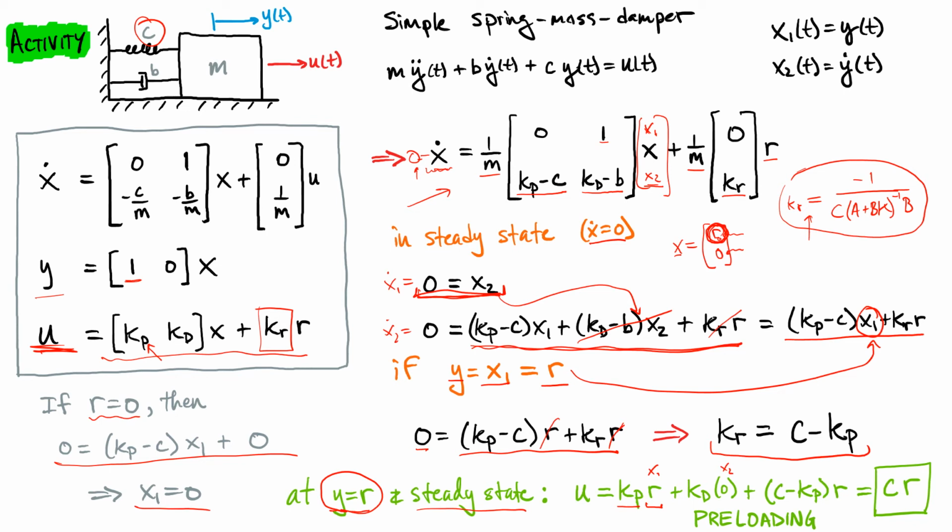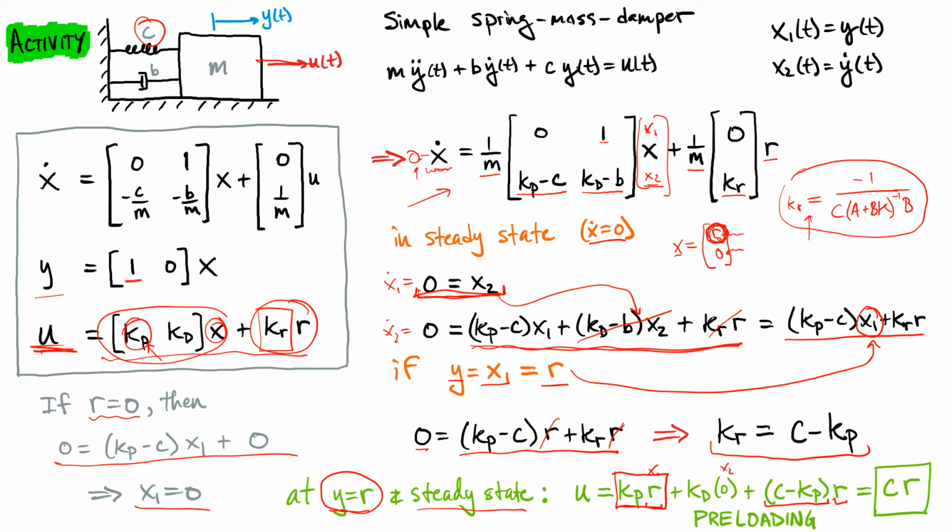And then we have this term, which is kr multiplied by r, which is the rest of this expression for the input. And what you notice is that at that point in time, the proportionality piece is what's stabilizing it. So the stabilizing part here, namely the x1 and the kp term, gives us a force that we would be exerting.